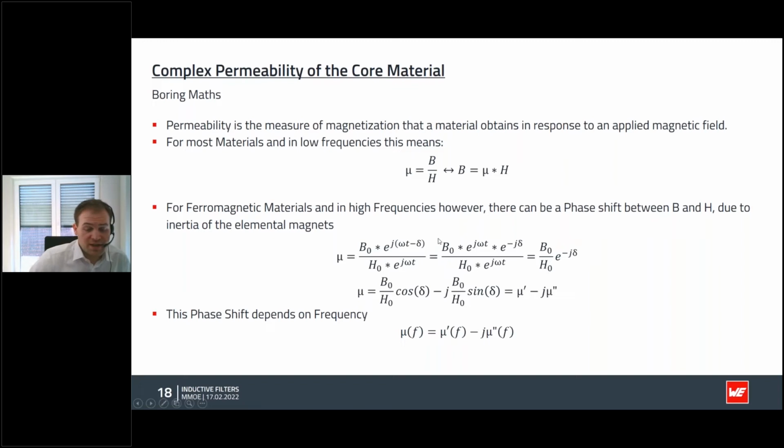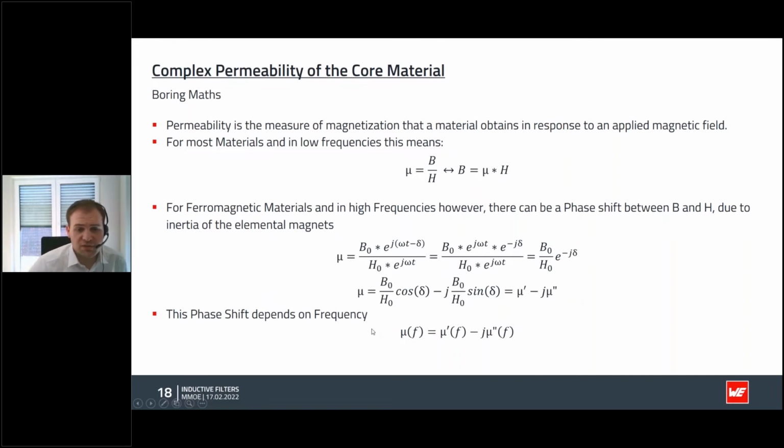This actual magnetization of the core is measured in this B field, and the relation between the B field and the H field is considered this mu. However, between the B field and the H field, there can be some phase shift, and this phase shift then has to be somehow represented in this material constant, which is mu.